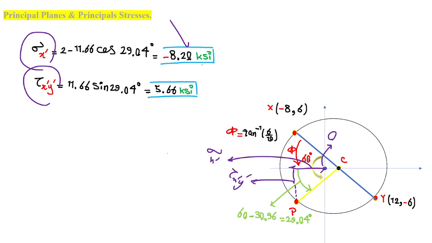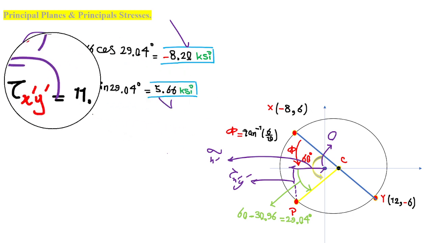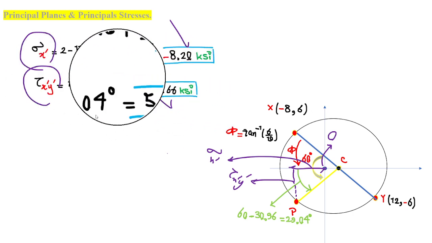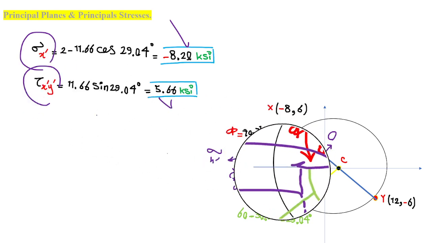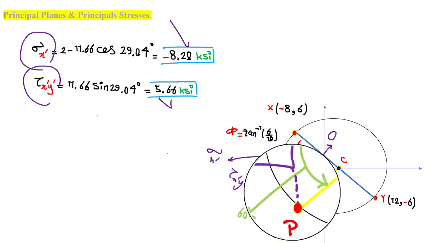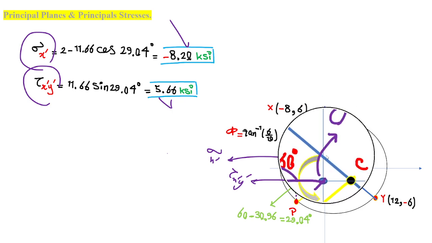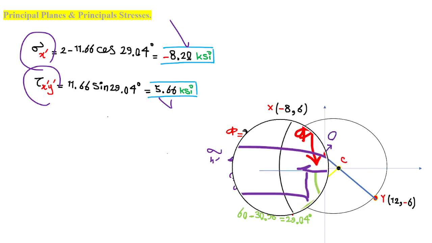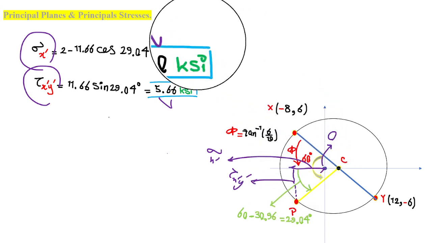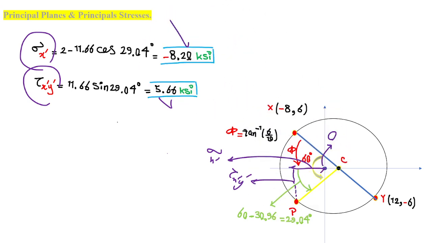We just solved it in the previous problem. If you want the detail, you can review that. I will provide you with the link to that video. You can review it carefully, but we want to solve it, and it just gives us a tau x prime y prime like 5.66 ksi, which is this vertical distance, and sigma x prime is the horizontal distance from the origin all the way to here. It's a negative 8.20 ksi.